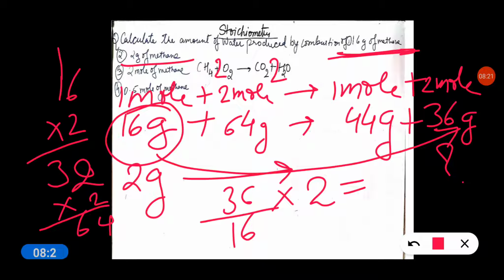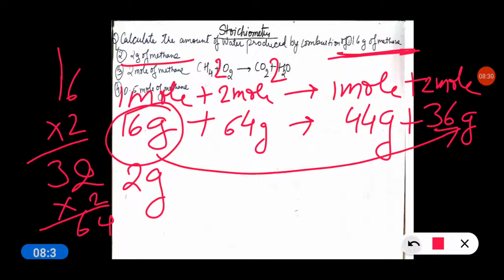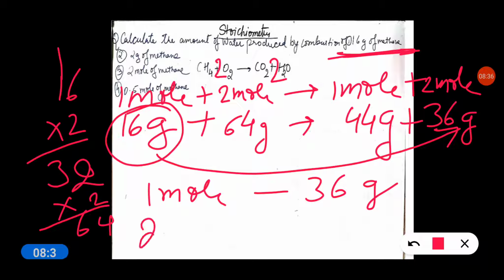Calculate, you will get the answer. In the third part, 2 mole of methane. In the same way, if 1 mole gives 36 gram, then 2 mole gives 36 multiplied by 2. Calculate and find the answer.